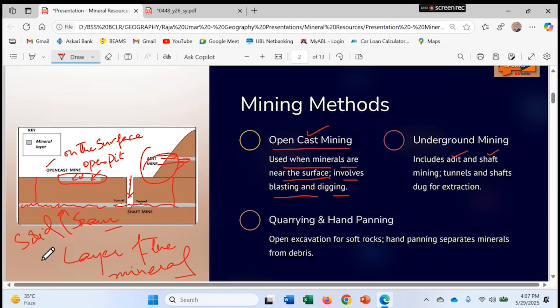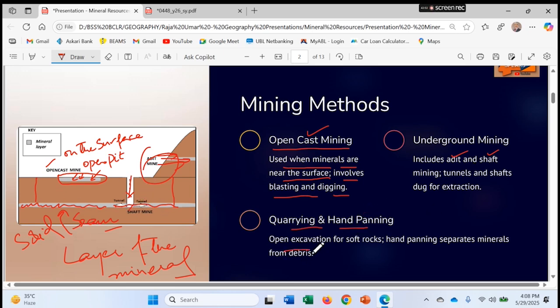Most of the time it is related to solid minerals, and not to gaseous or liquid minerals. We cannot say that there is a seam of petroleum, or a seam of natural gas. This term is purely related to solid minerals like limestone, iron ore, gold, sulfur, or any other solid mineral available.